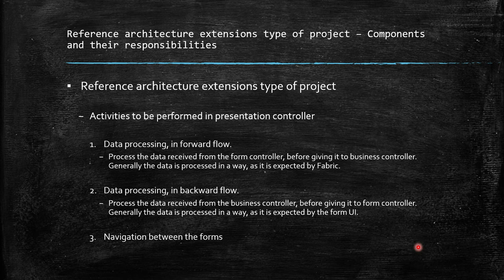Generally, the data is processed in the way expected by Fabric's object services. The data captured from the UI widgets might have to undergo certain processing, and its structure might have to be updated so that Fabric's object services can use it for further processing. Similarly, in the backward flow, the presentation controller processes the data received from the business controller before giving it to the form controller.